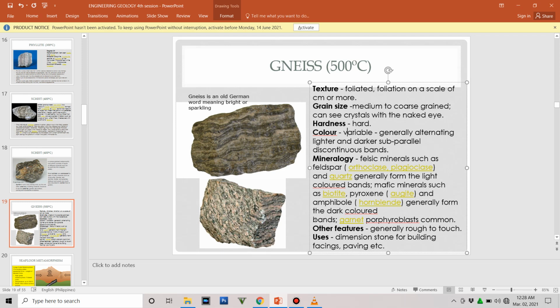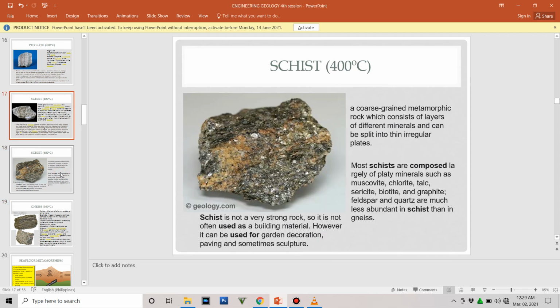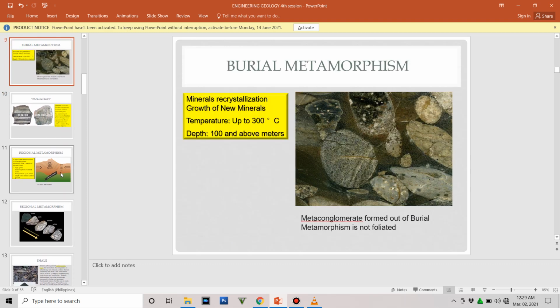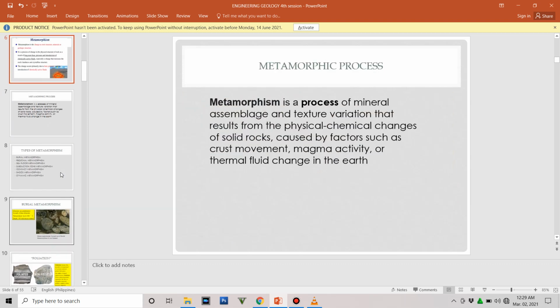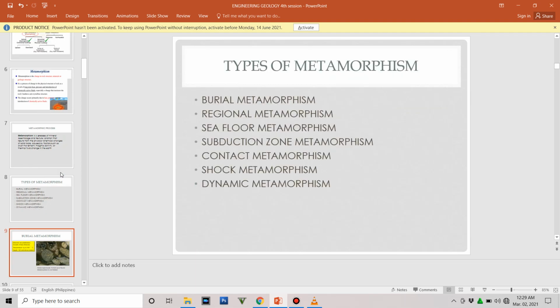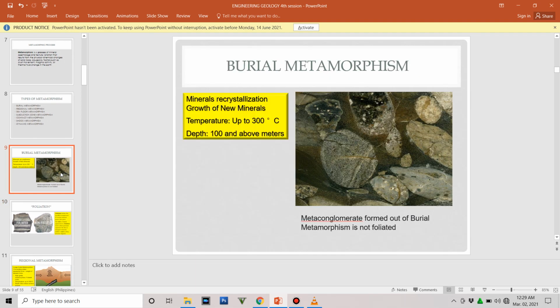So as an initial activity, discuss with your group where you can find these materials that have been discussed, like, I think first we have metaconglomerate. So metaconglomerate, saan tayo makakuha niyan?